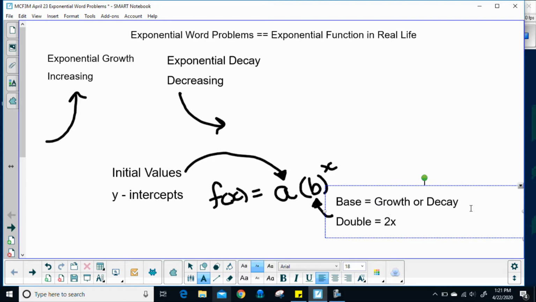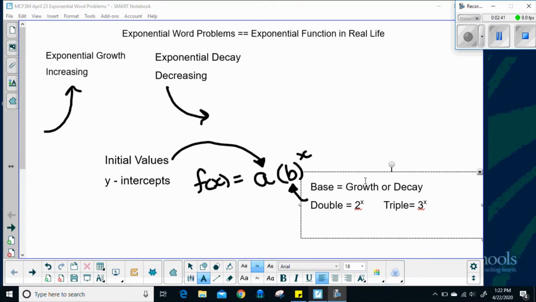So we're going to be looking at the equation of 2 to the x. Tripling, same idea, right? Triple, instead of being 2 to the x, triple. That's going to be 3 to the x.